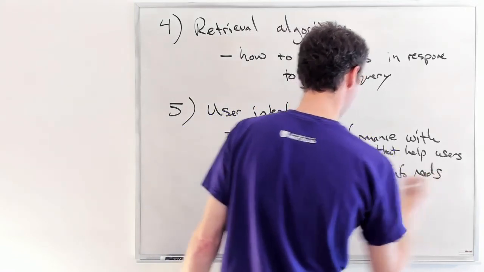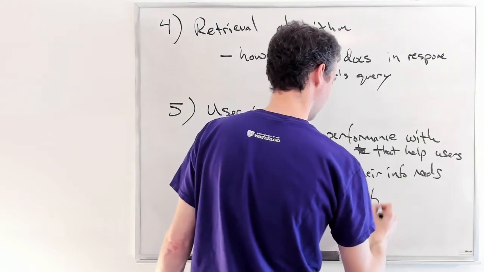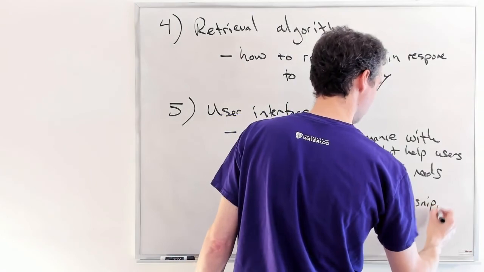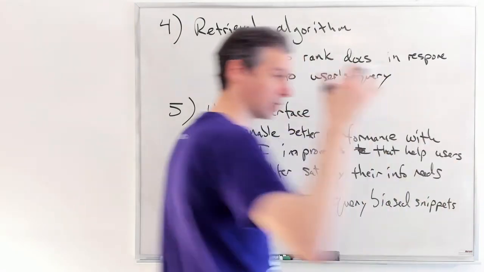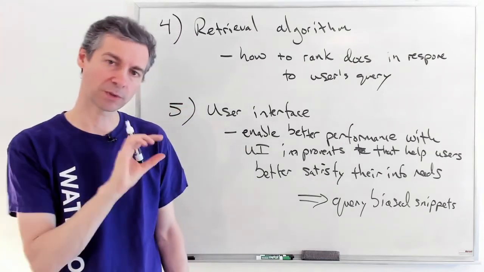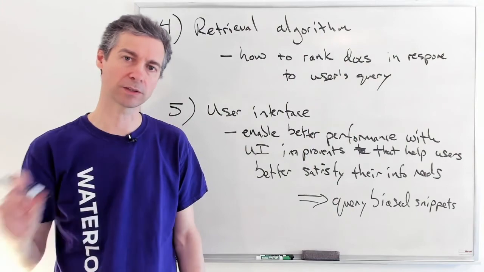The biggest example of this actually is what are known as query biased snippets. These are what you see when you do a retrieval and you get your list of results, and you've got the title and a small piece of text that has query terms highlighted in it. That's called a snippet.